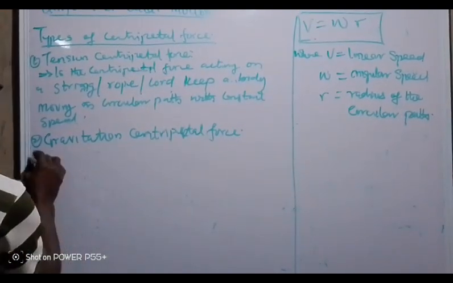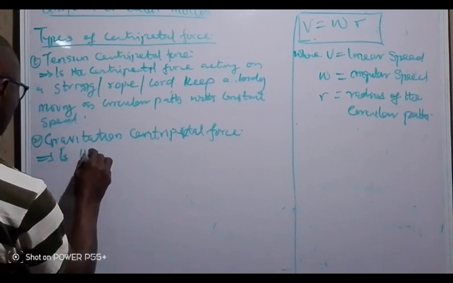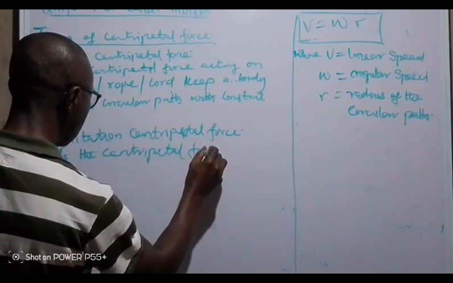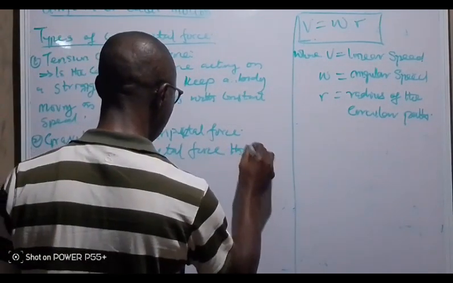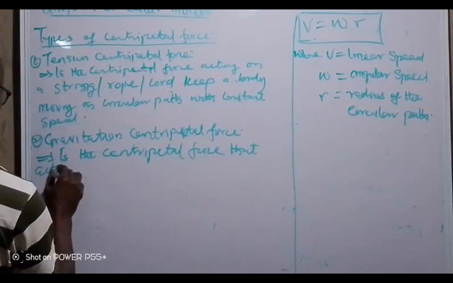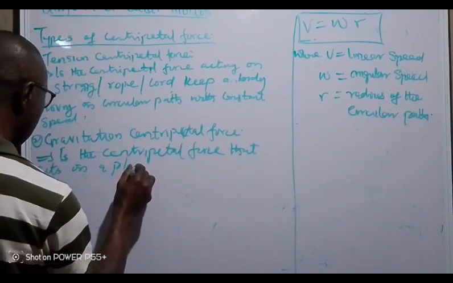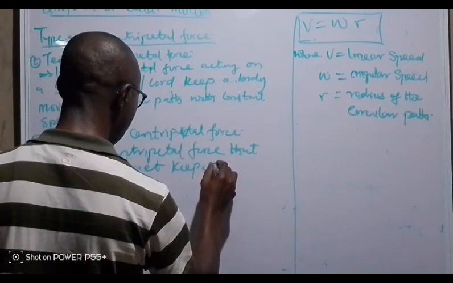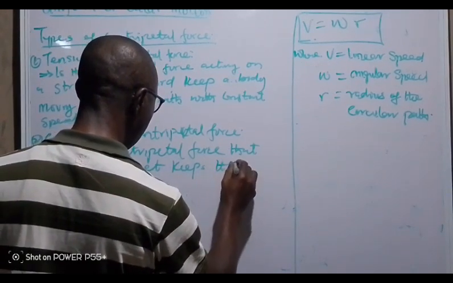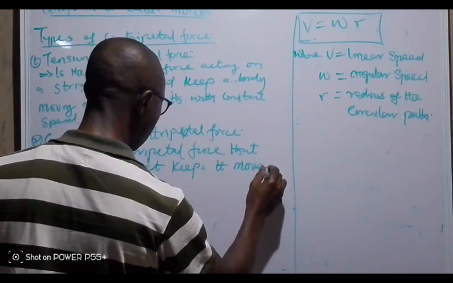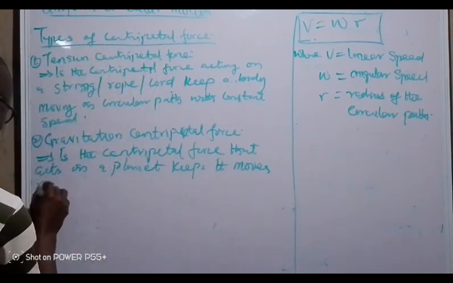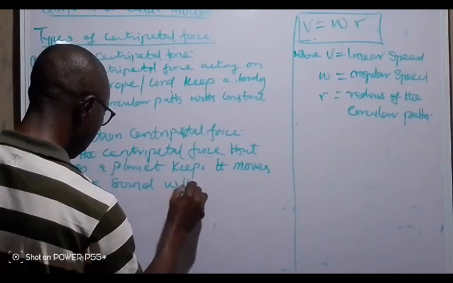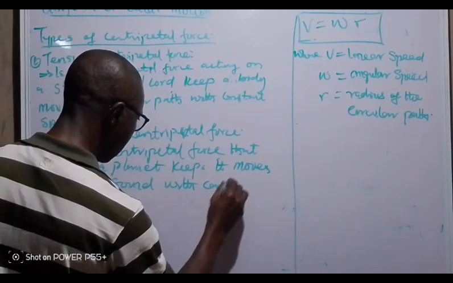This one is the centripetal force that acts on a planet and keeps it moving round the sun with constant speed.